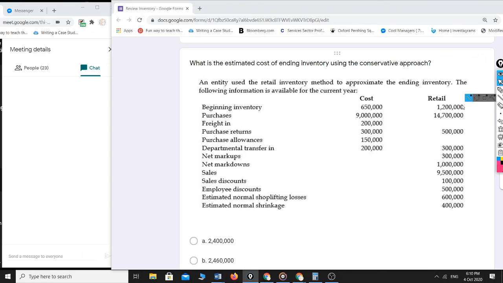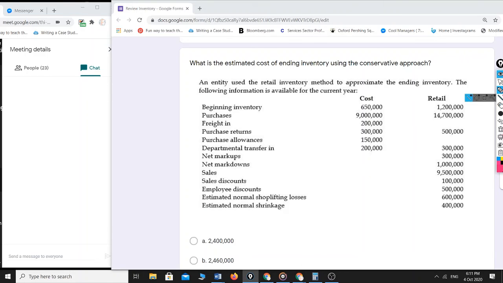Retail is just like the selling price also. Okay? The retail method has three approaches. We have the conservative approach, the average approach, and the FIFO approach. I'll just go over this quickly because I'm quite over time.